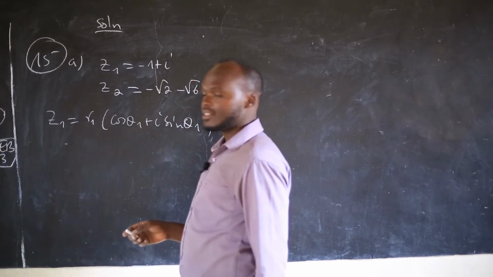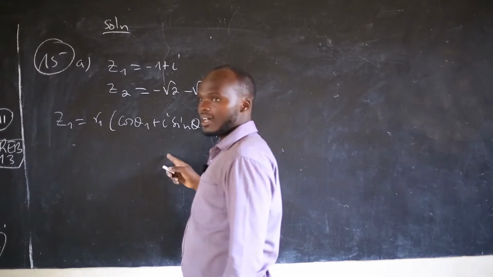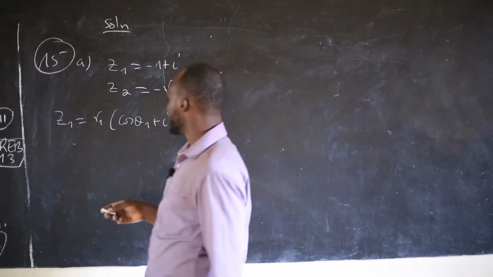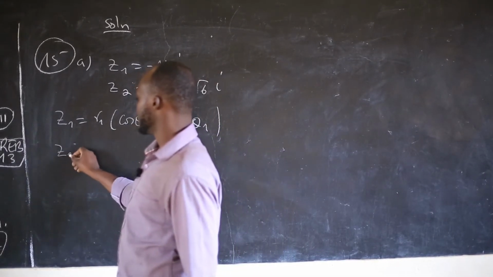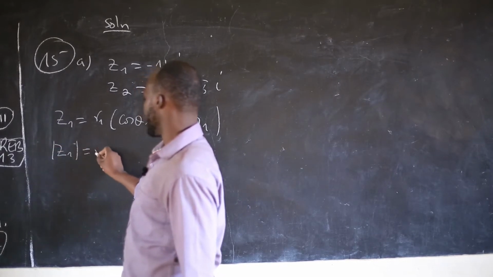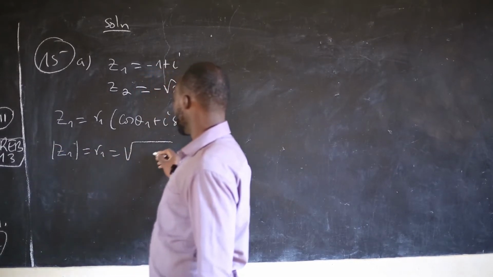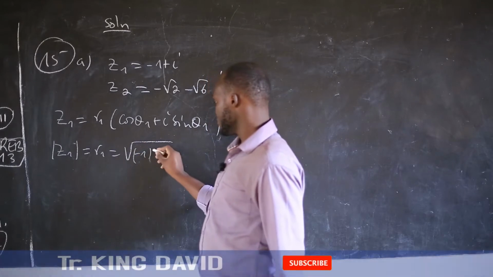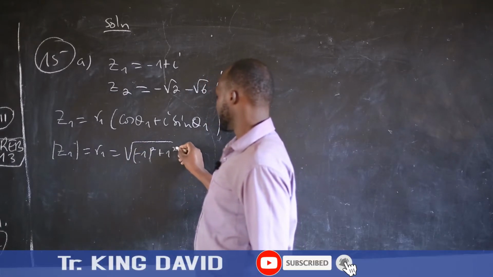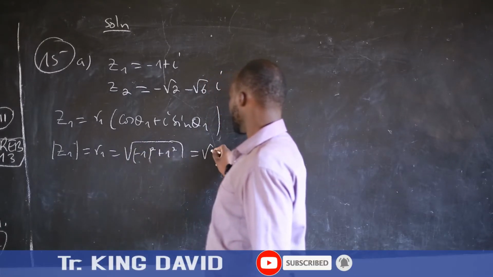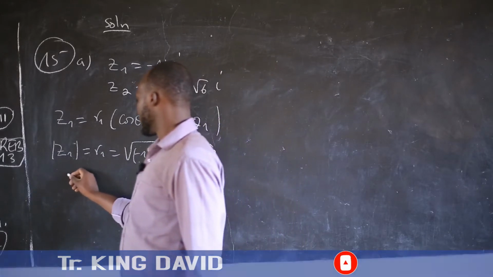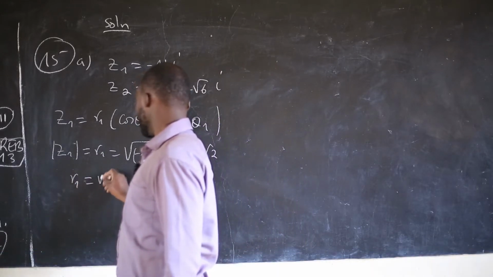So we need to find the modulus of z1 and the argument of z1. The modulus of z1, r1, is the square root of negative 1 squared plus 1 squared. So the answer is root 2. So the modulus r1 will be equal to root 2.